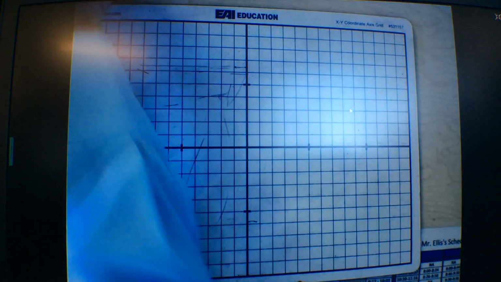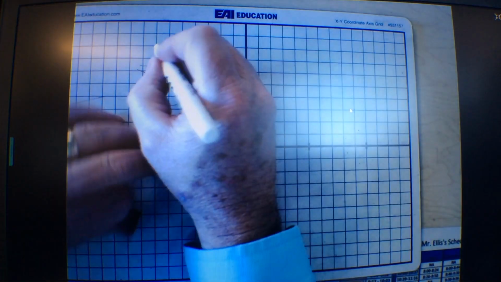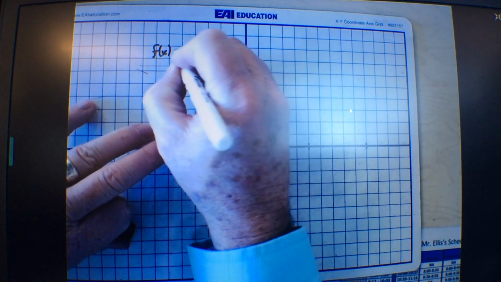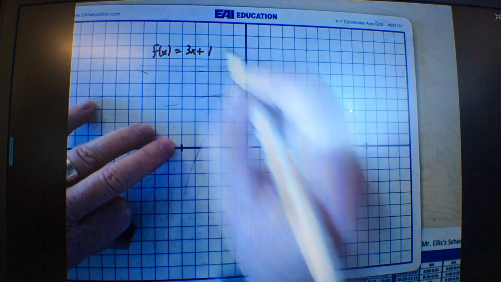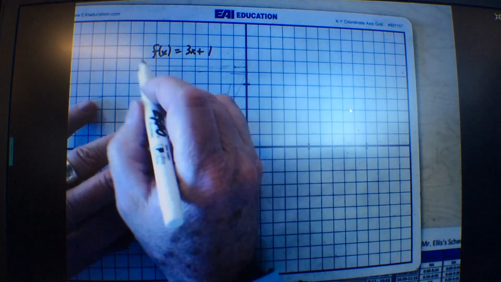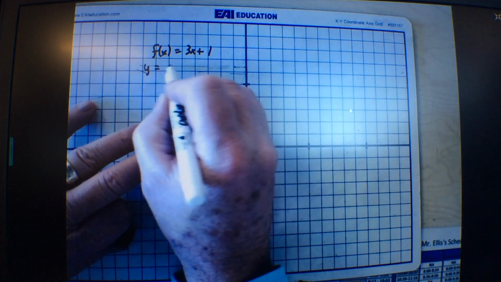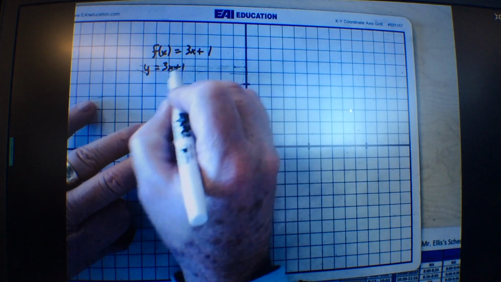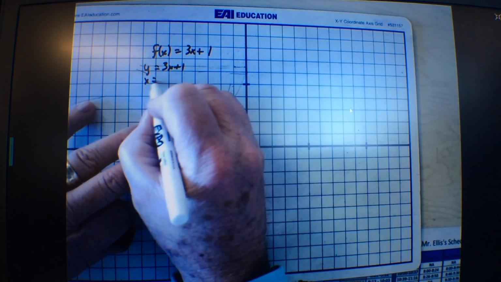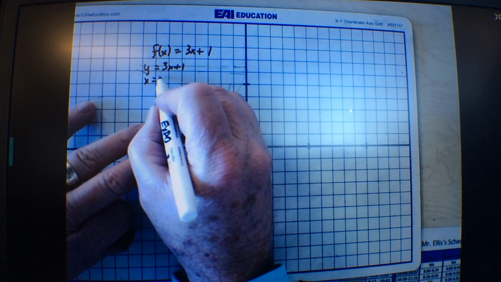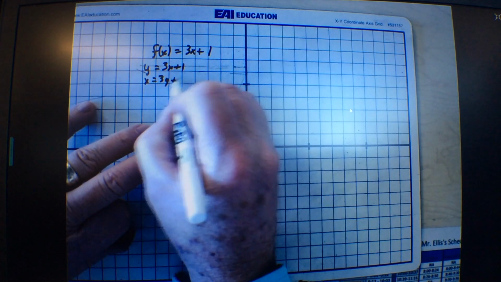I was going to do a line. They'll have like this: f of x equals 3x plus 1, okay? So I want to find the inverse. I want to take y equals 3x plus 1, and then I want to go x equals 3y plus 1.